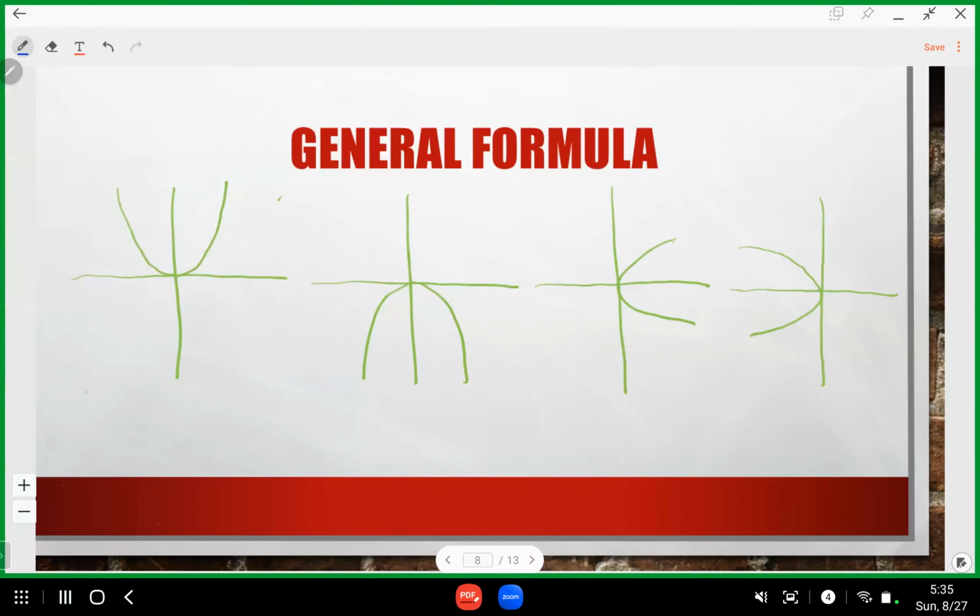And this one is going to be x squared is equal to 4py. So this is the most normal parabola we know, right? Because earlier, before you learned this last week, x was always the one squared. Of course, it's y is equal to x squared. So when it's negative, it's going to open down.